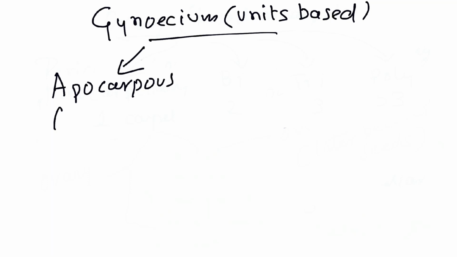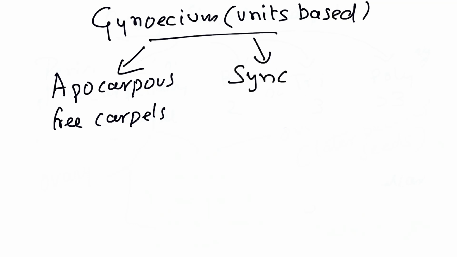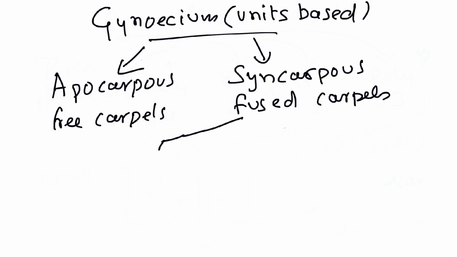The first one is apocarpous, which means we are dealing with free carpels, and naturally the other division would be syncarpous, which means that the carpels are not free; they are fused. Syncarpous interestingly has further three subdivisions.